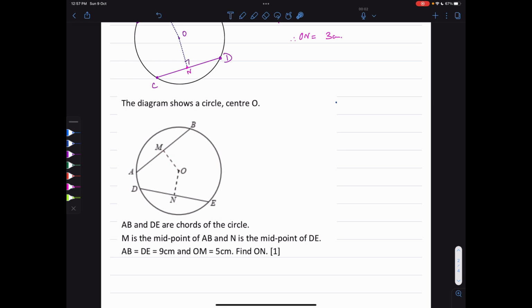If AB and DE are of the same length and OM is 5 centimeter, and the chords were equal, then you need to recall the property that says that if the two chords are of equal length, then the distance from the center must also be equal. So OM should be equal to ON, that is 5 centimeter. This distance and this distance will also be equal.